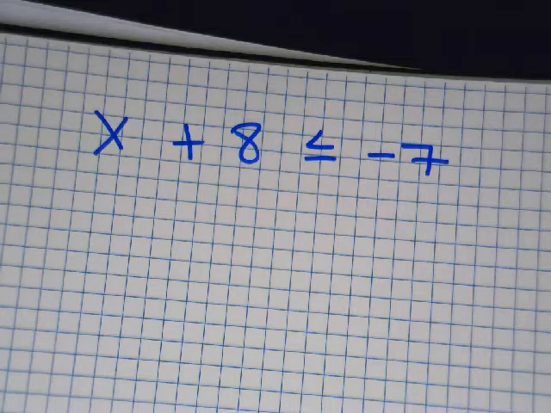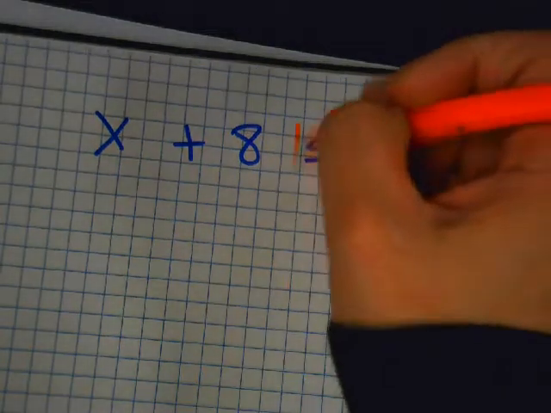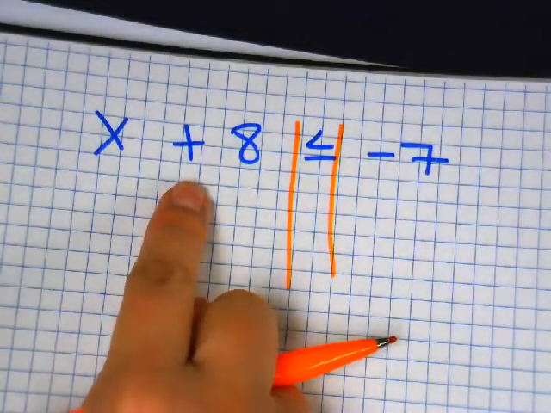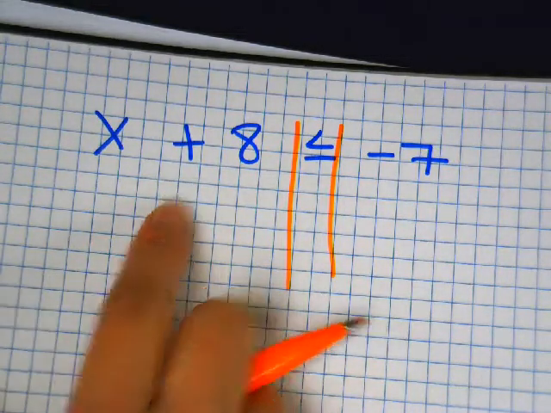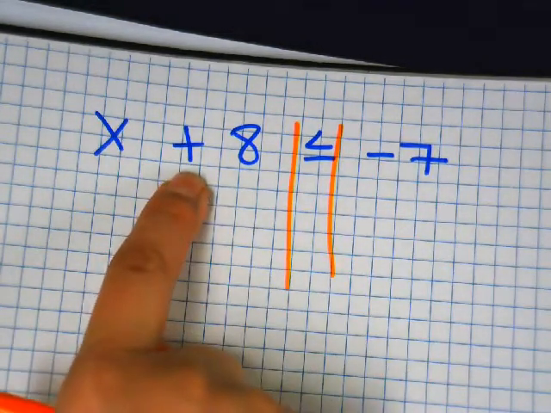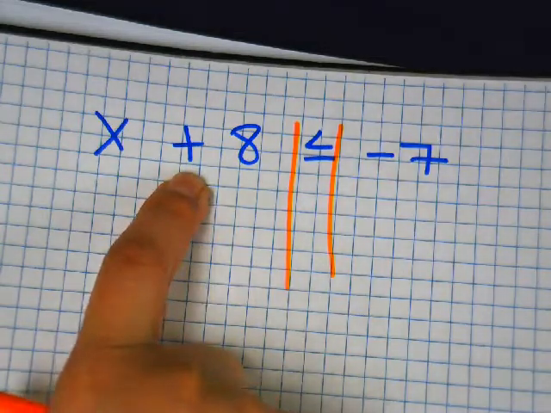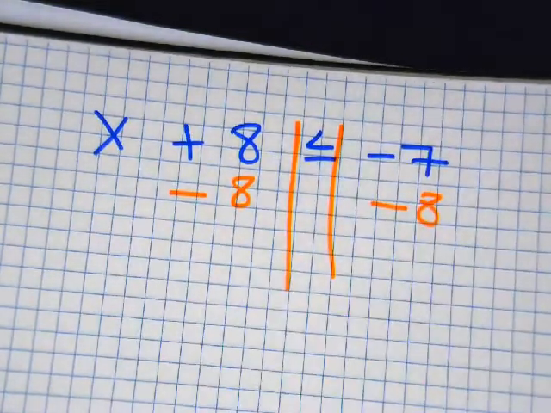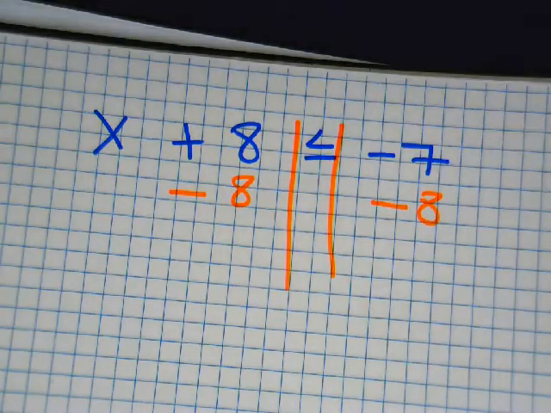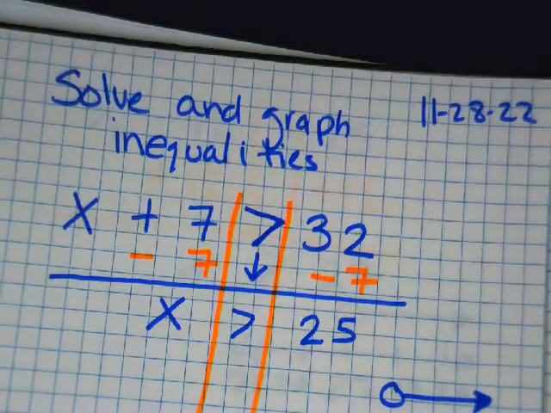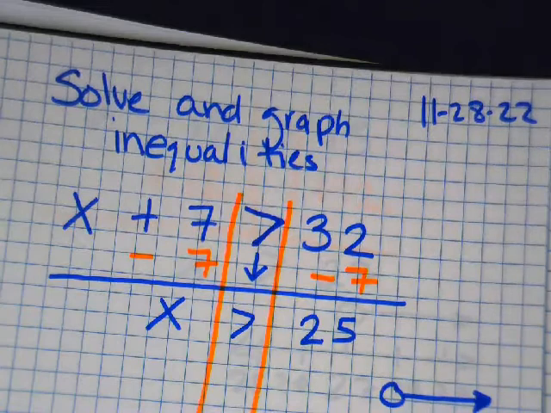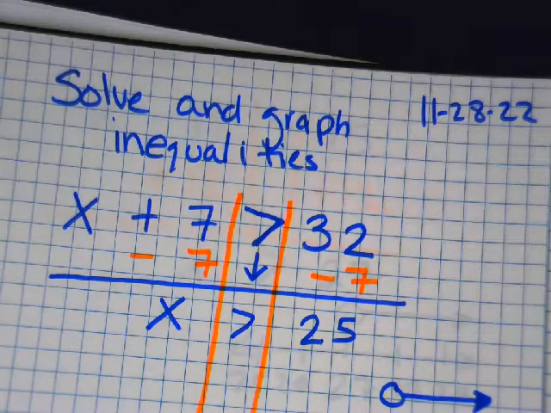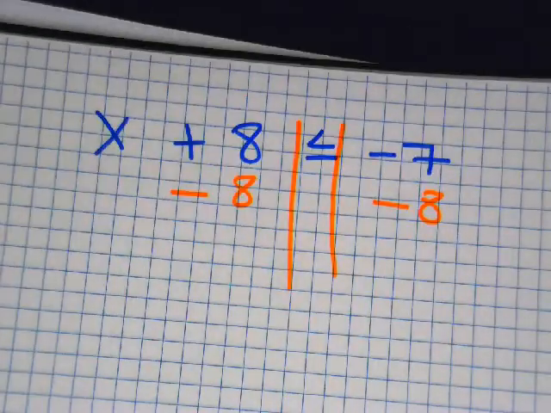What's the opposite of an addition? Subtract 8, subtract 8, right? You just did that over here. It's negative 15.